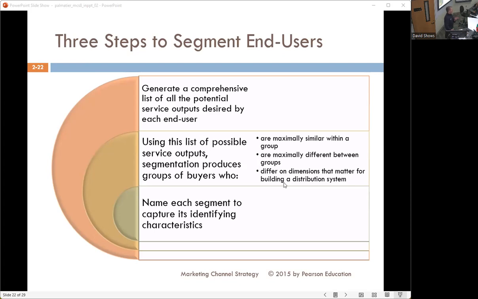And this stuff is really cool. If you've ever done marketing research, it's amazing what will happen. As data is put in, you'll actually start to see them separate in the SPSS into unique groups. So you start to segment the groups who are maximally similar within a group. What that means is that you're looking at a definition of consumers that are collectively exhaustive.